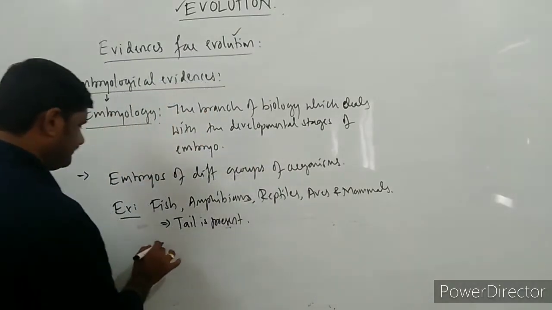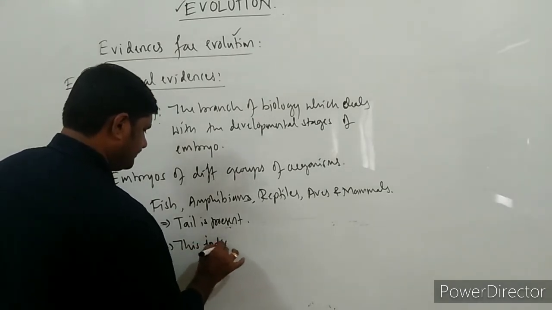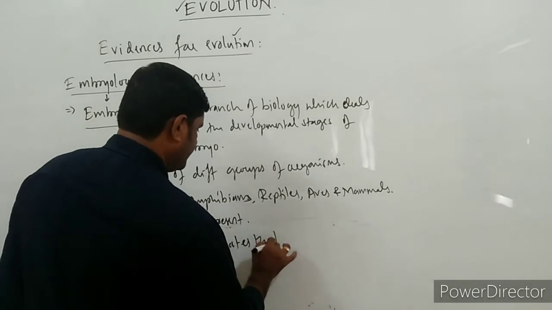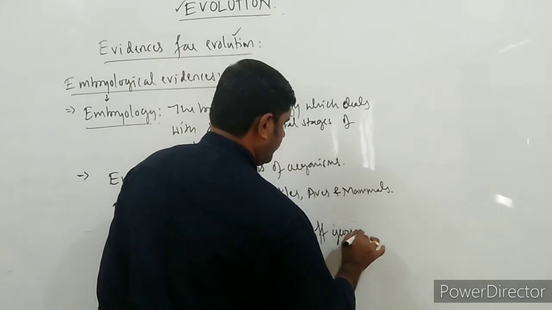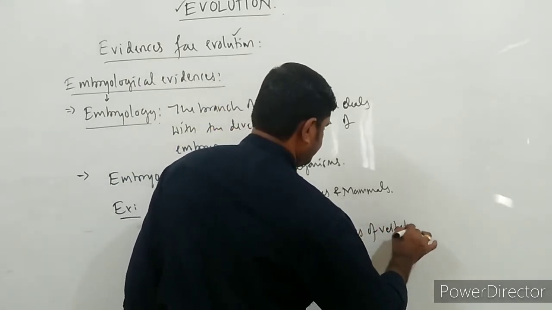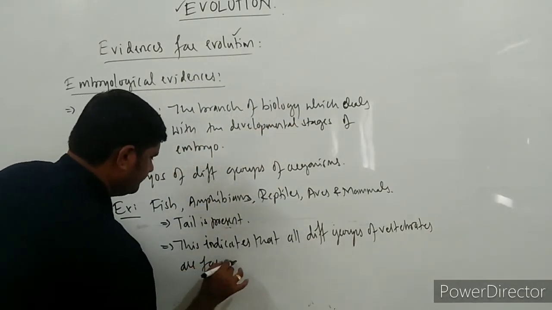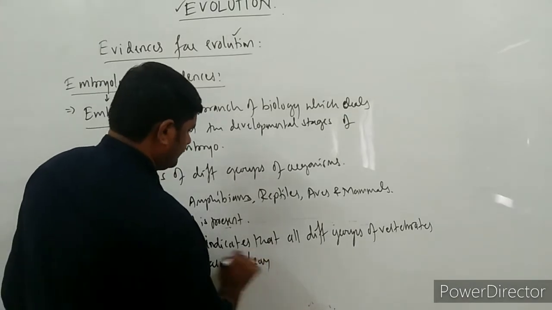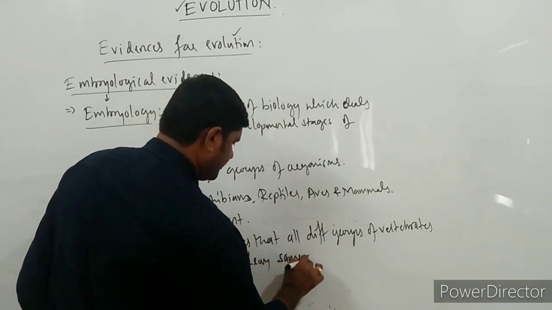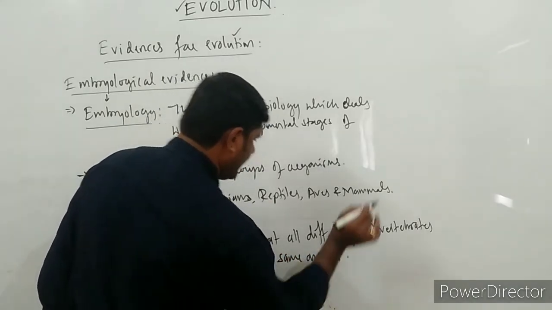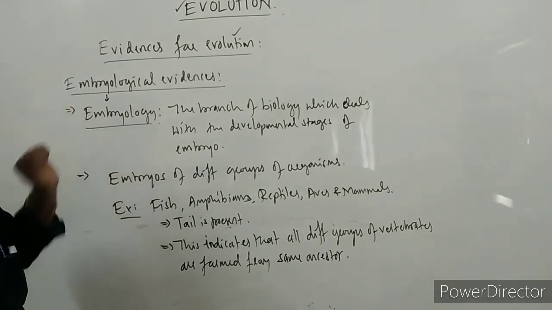Point to be noted: this indicates that all different groups of vertebrates are formed from the same ancestor. So this is also one of the embryological evidences.